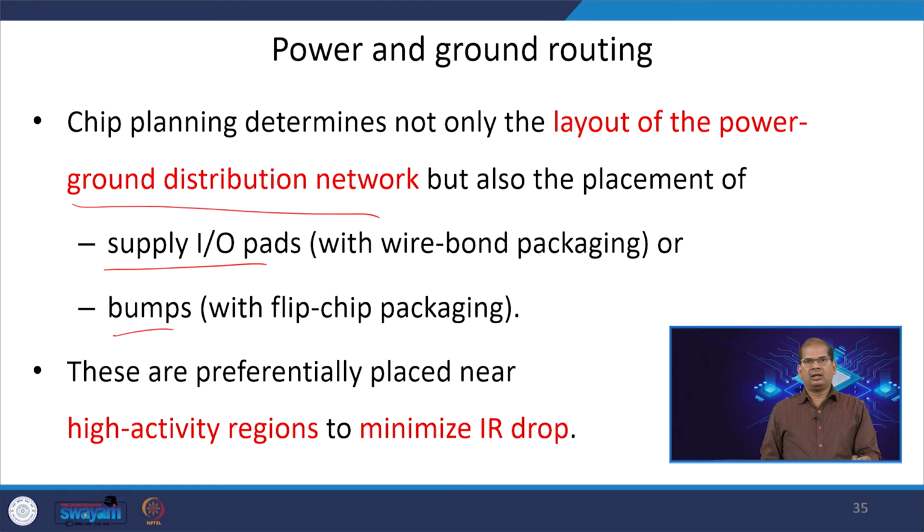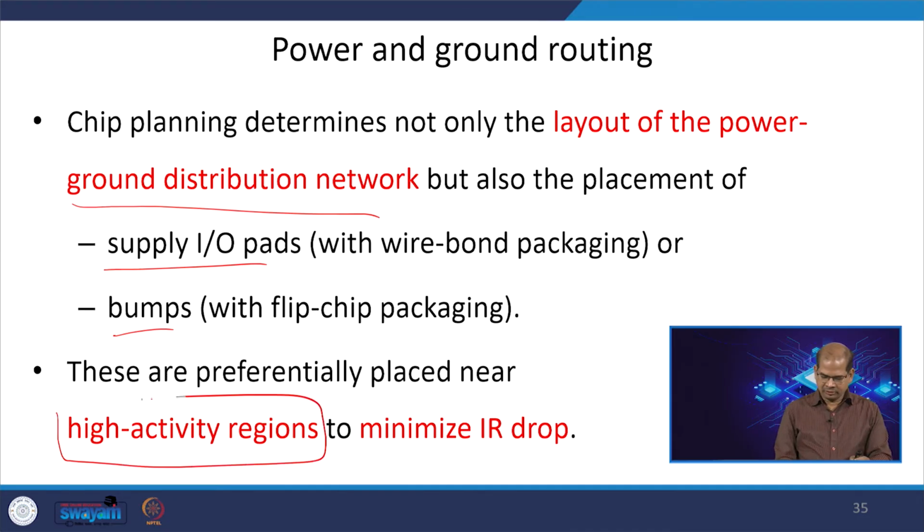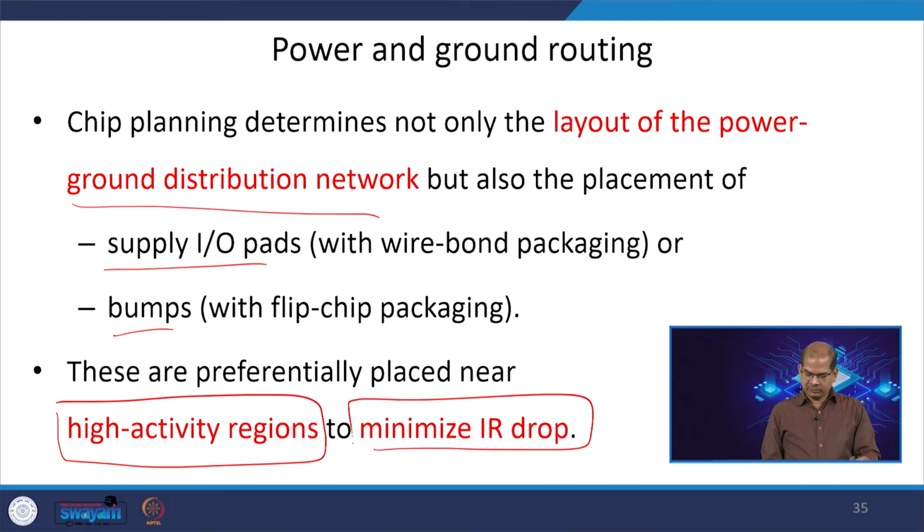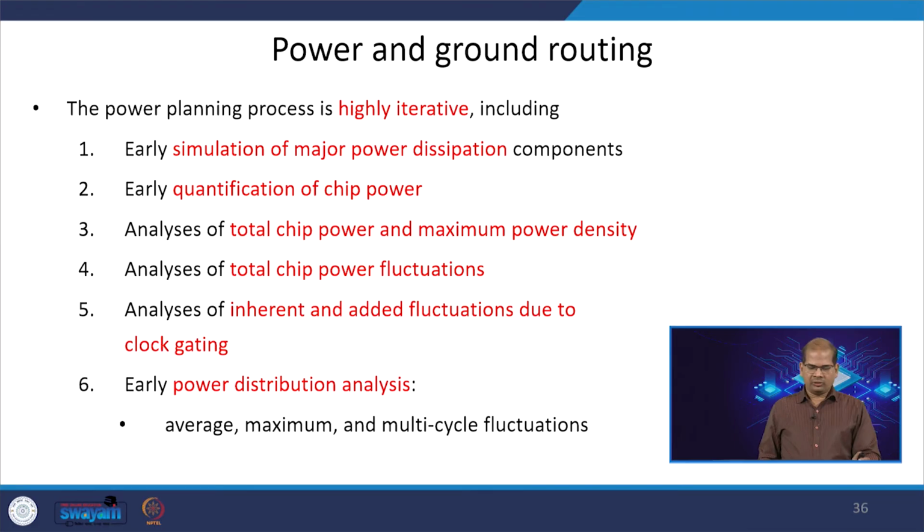Another very important factor is the placement of the blocks in a high activity region. Our main aim is to reduce the IR drop. So, if it is possible, we place the IOs close to the high activity region, such that the IR drop can be minimized.